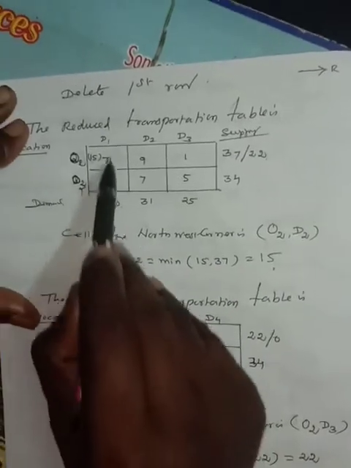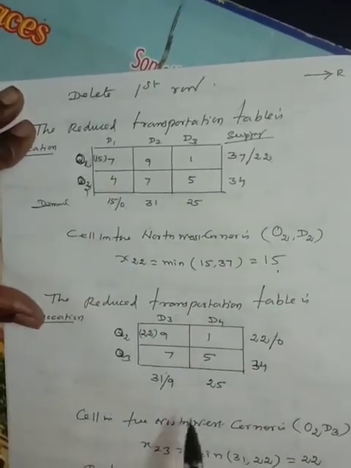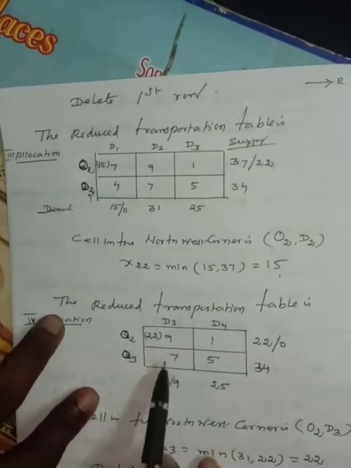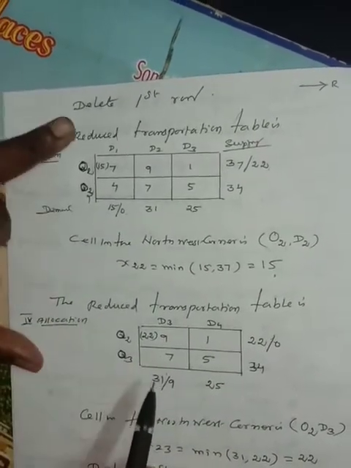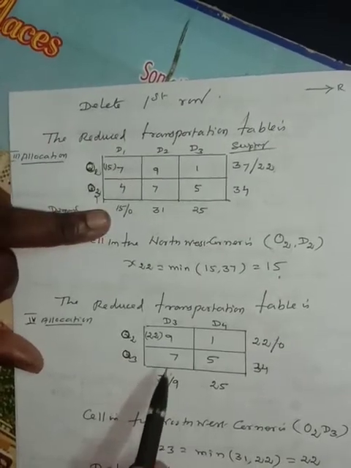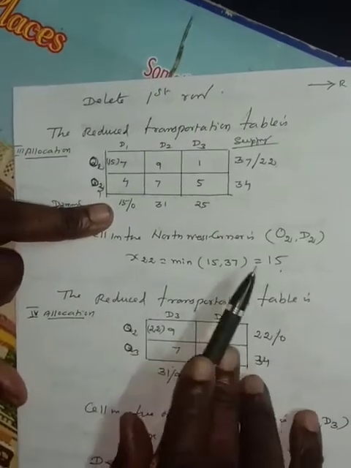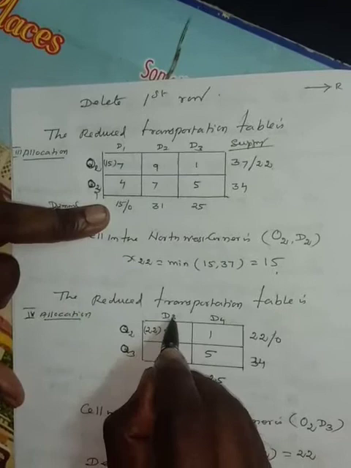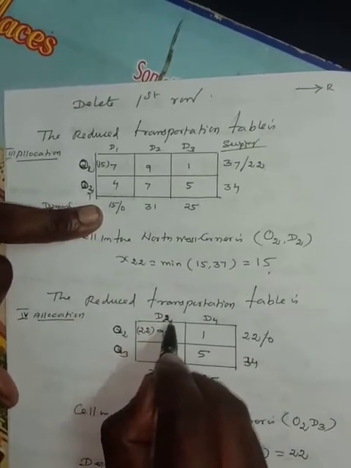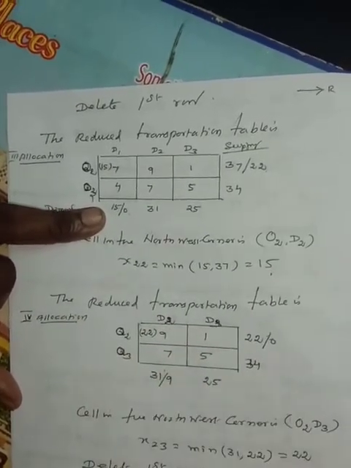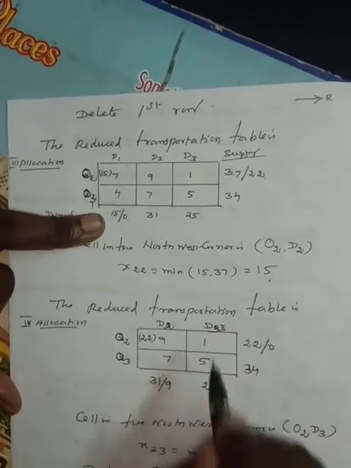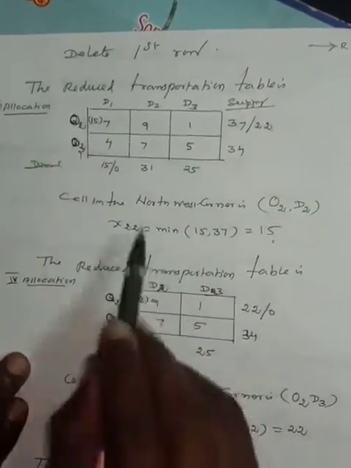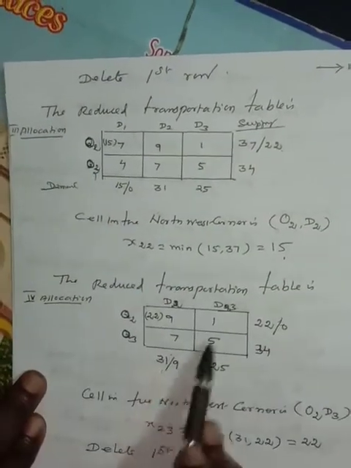Now delete the D2 column. Next, D3 and D4 are the remaining positions.